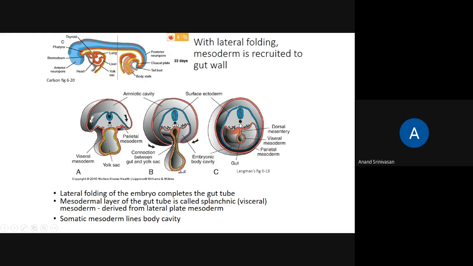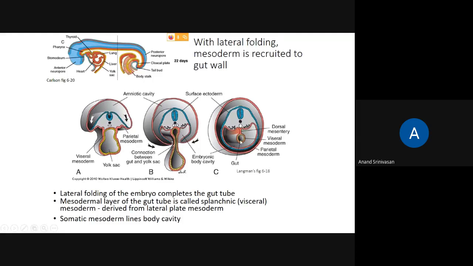Now as the lateral folding occurs, you note down the part here. There is a small connection, this yellow part, which is the endoderm. There is a part of the mesoderm which surrounds this endoderm and is also connecting towards the outer part.